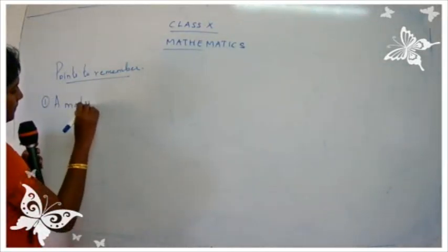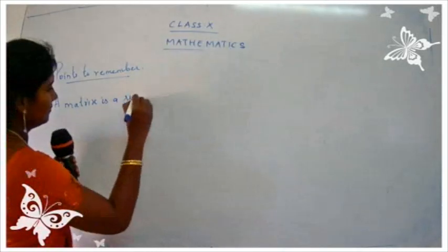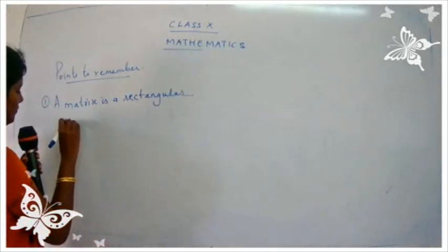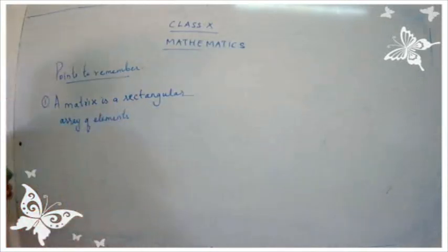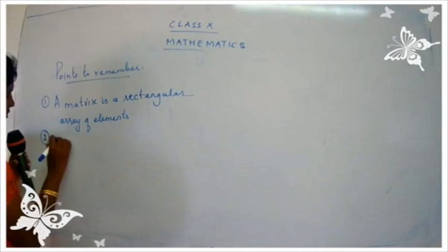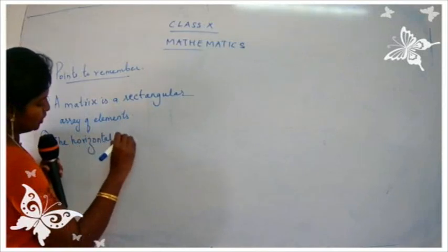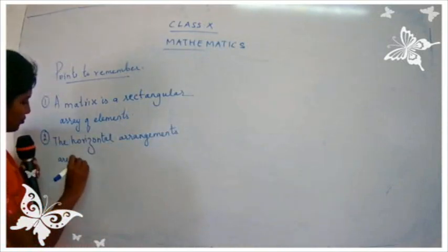A matrix is a rectangular array of elements. The horizontal arrangements are called rows.